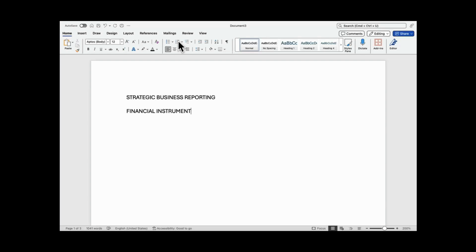Also, if there is a profit share or bonus and the criteria for that bonus has been met, that means they have an obligation to pay. So they would recognize that as a liability and as an expense by debiting staff costs and crediting accruals.